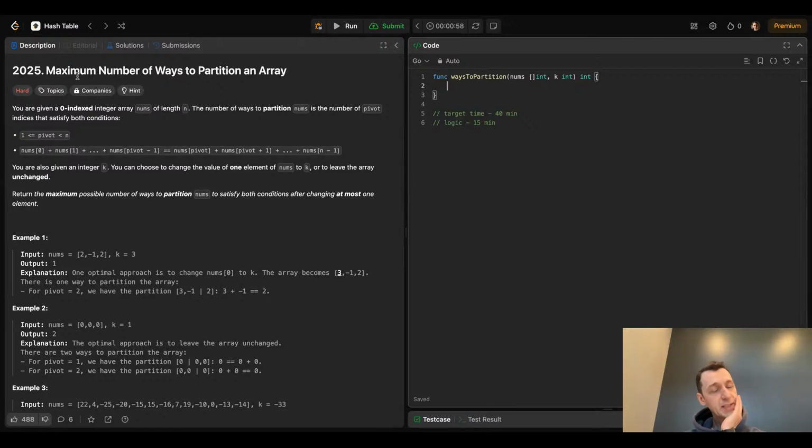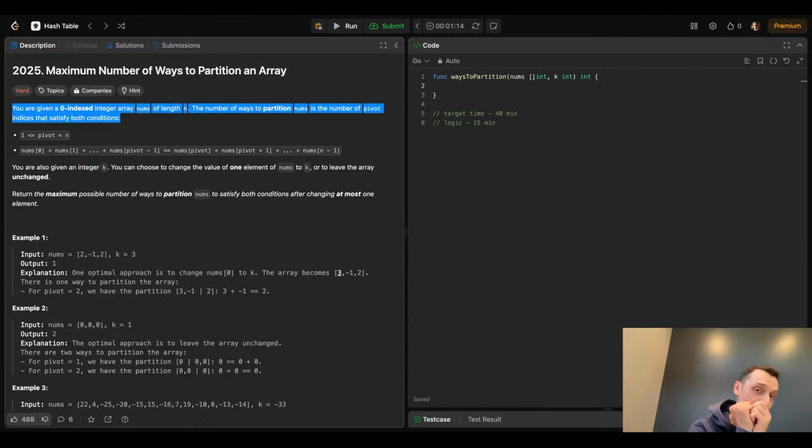So, maximum number of ways. This is hard level. Let's get startled and scared, hide under the table a little bit and then come back and see what we can understand. You're given an integer array nums of length n.